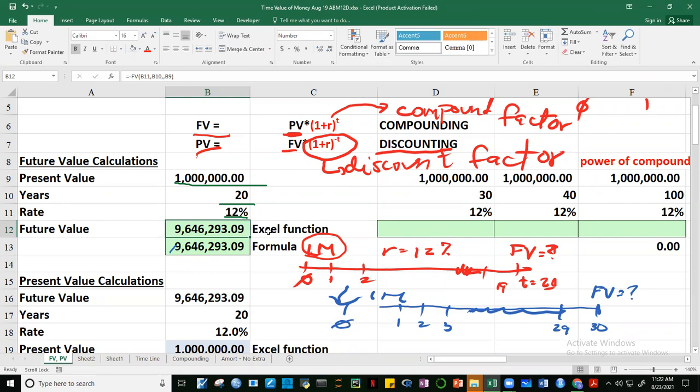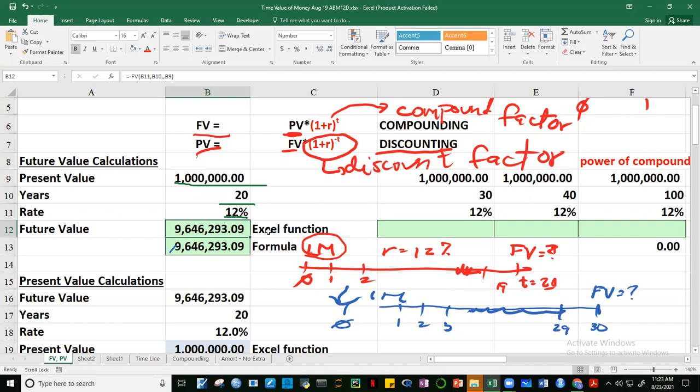Okay, so once again guys, bakit natin linalagyan ng negative? Kasi hindi naman tayo interested dun sa nature ng transaction. Wala tayong pakialam kung loan yan o investment yan. All we want to know is magkano ba yung equivalent na cash flow ng 1 million in 20 years time at 12%. That's what we want.